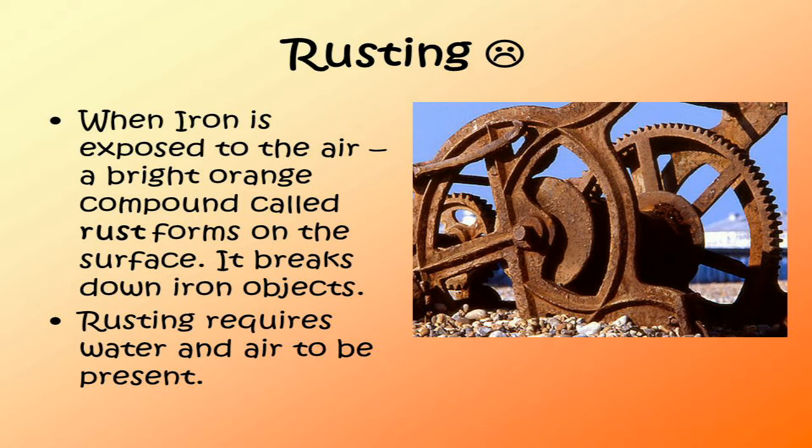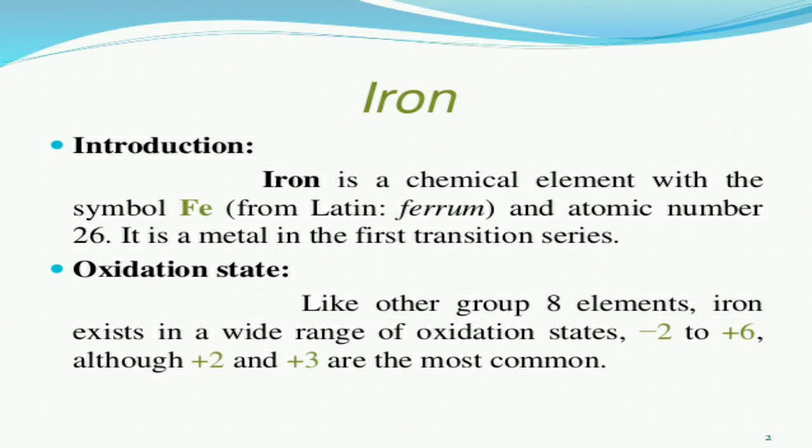So now next, iron. So, rusting. When iron is exposed to the air, a bright orange compound called rust forms on the surface, and it breaks down the iron object. So, rusting requires water and air to be present. So, iron is a chemical element with the symbol Fe and atomic number 26.